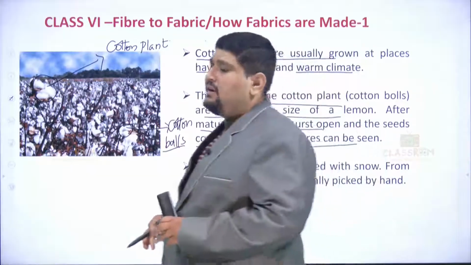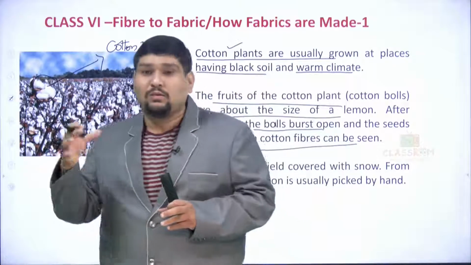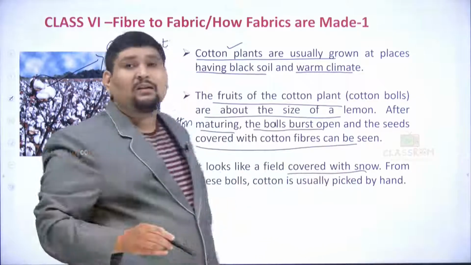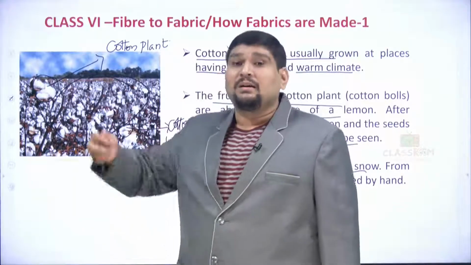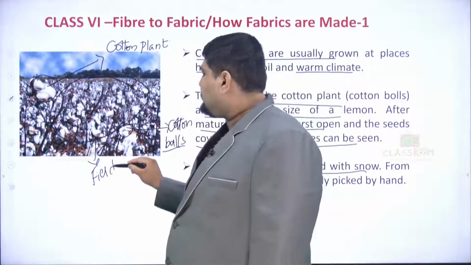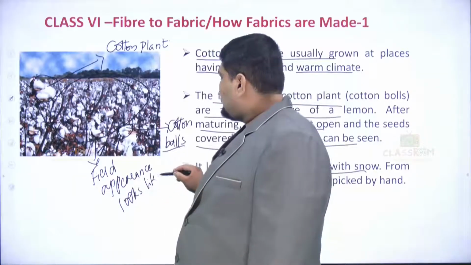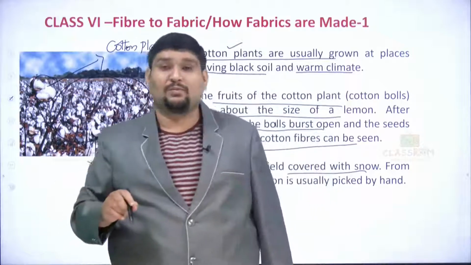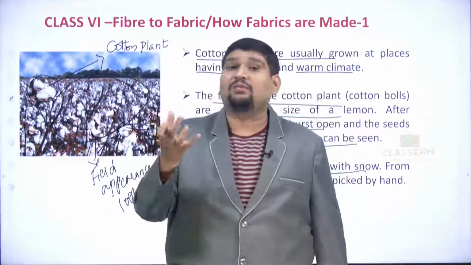Once the balls open, you can see the cotton pushing out, and the field looks as if it is covered with snow. Can you see? The overall look is that the cotton balls appear like the field is covered with ice and snow, because they are so white.